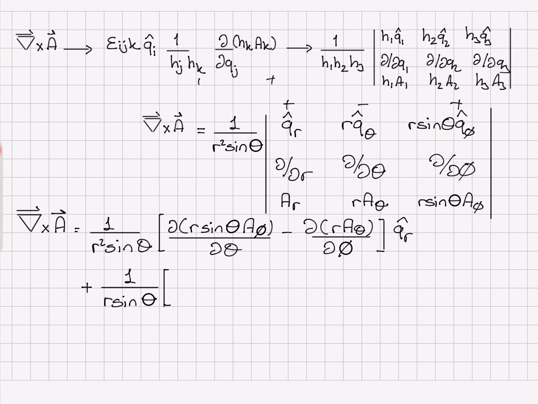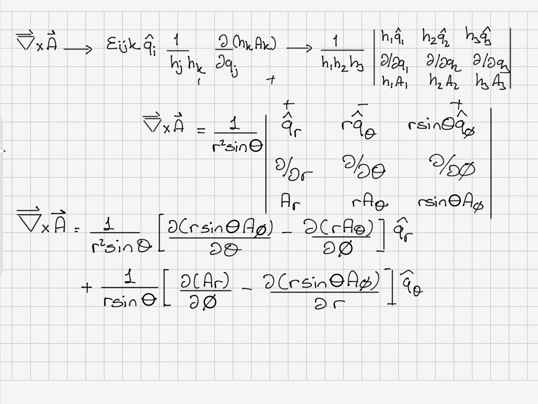Because of the minus sign here, first I'm going to take this derivative, del A_r del phi, minus the second term, the derivative of r sine theta A_phi with respect to r. This is in the q_theta hat direction.